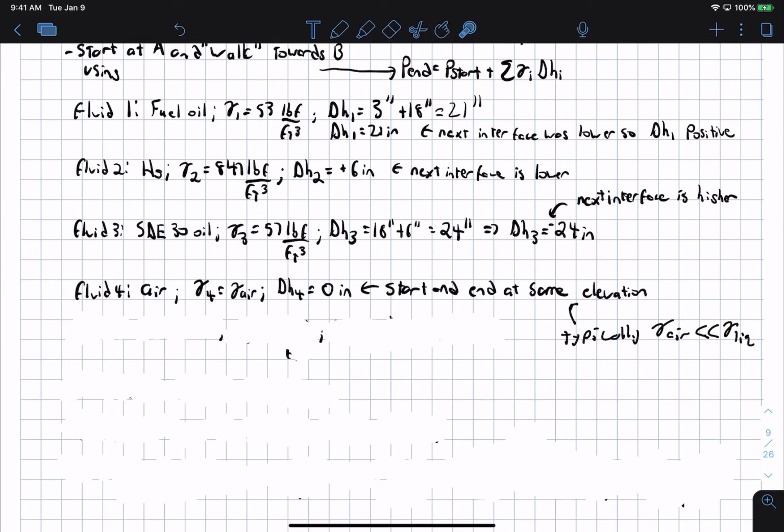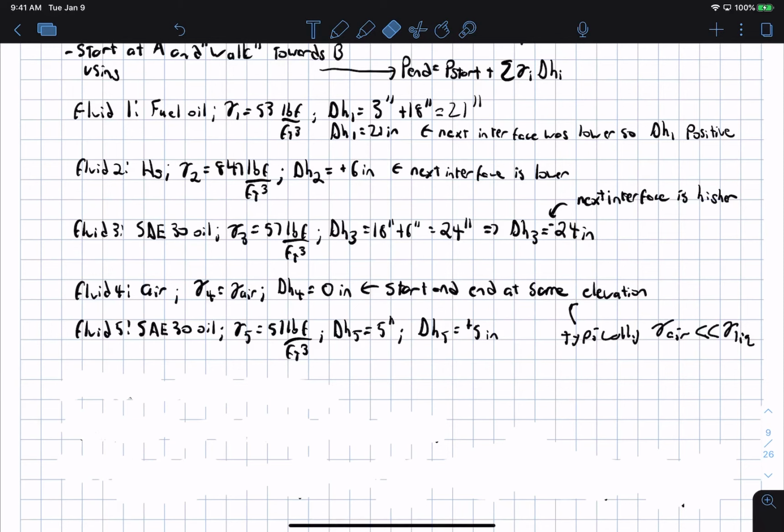Okay, then after the air bubble, we hit fluid 5. And fluid 5 is another section with the SAE30 oil that got split into two pieces by the air bubble. And so gamma 5 is just the same 57 pounds-force per cubic foot, just like it was for the third segment, our third fluid, I should say.